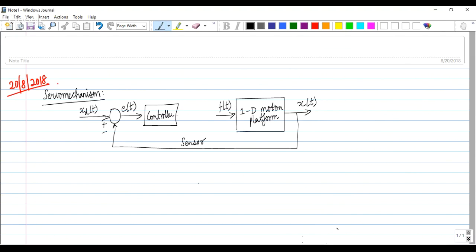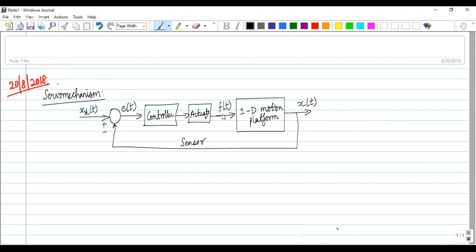And the controller then gives a command to an actuator, which can be, let's say, an electromechanical actuator, a servo motor, which provides the required force through, let's say, a lead screw mechanism, and that moves the platform. Okay, so this entire idea of having feedback to compensate for any potential error between the desired value of a variable and its actual value constitutes what is called a servo mechanism.